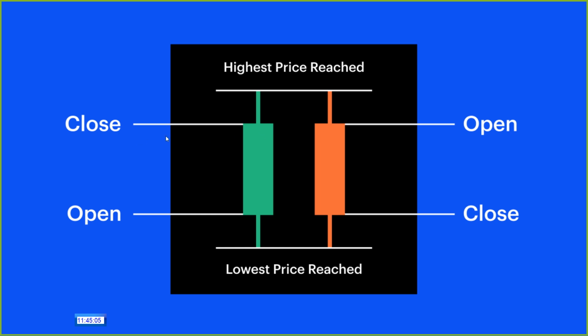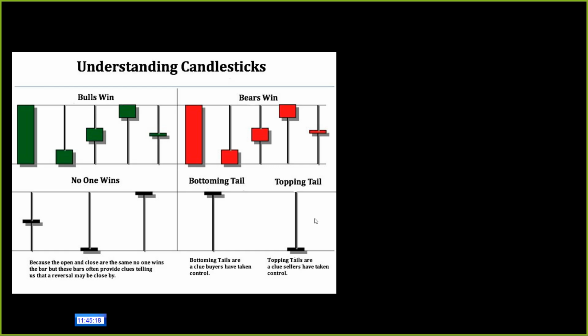So again, I was surprised how many people did not understand this and did not know how to actually interpret these candlesticks. That's why we covered this in the beginning, why we talked about each candlestick and what each candlestick is telling us. It's very important that you understand it.